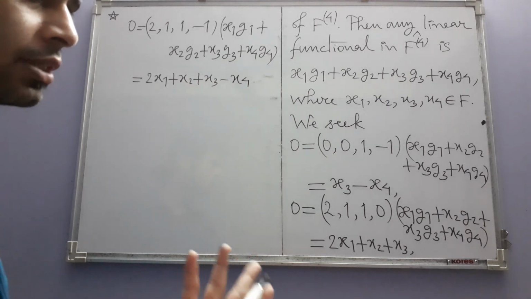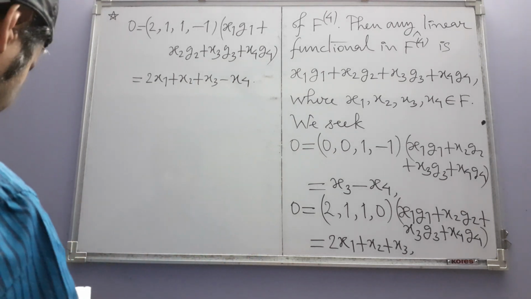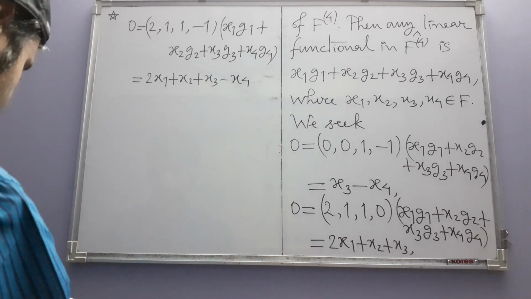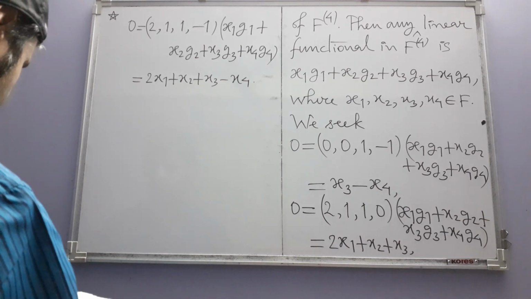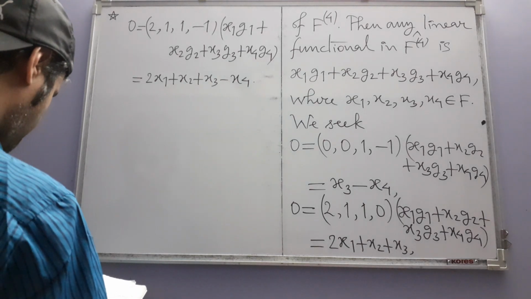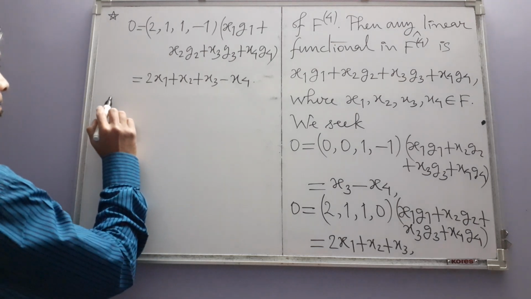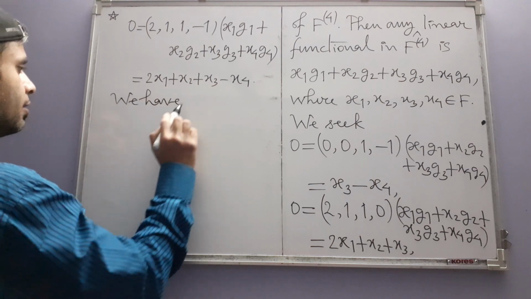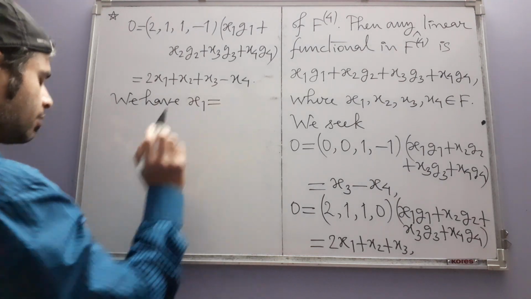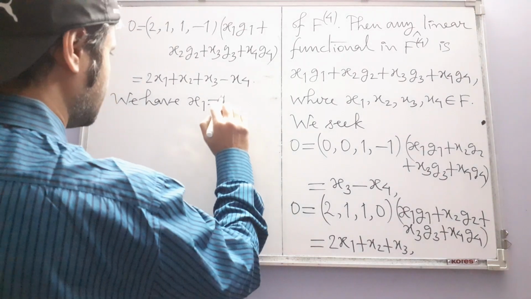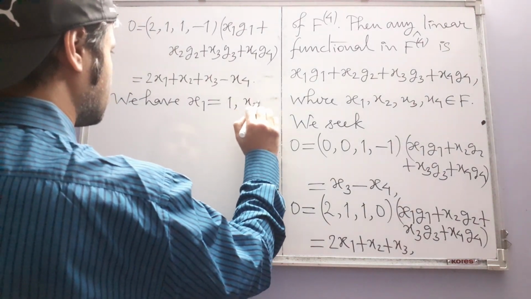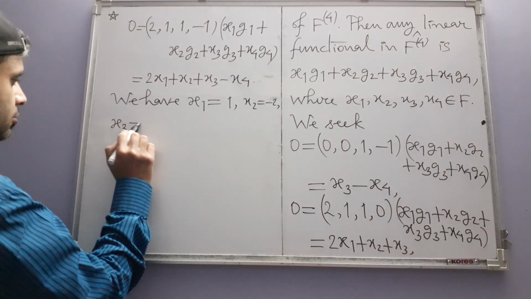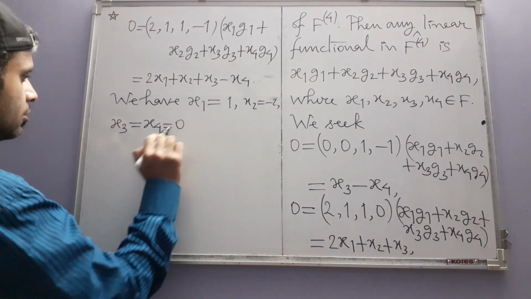And now again we seek a non-trivial solution to this homogeneous system of linear equations. And one such solution is here. We have x1 equal to 1, x2 equal to minus 2, and x3 and x4 equal to 0.